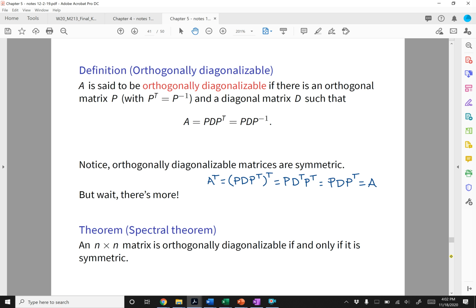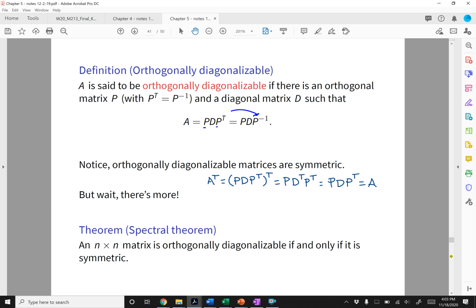The transpose of P is the same as P inverse because it's an orthogonal matrix, which makes it even slicker because we can just take the transpose, and we know the inverse. And the columns of P are all orthonormal, so they create an orthonormal basis.